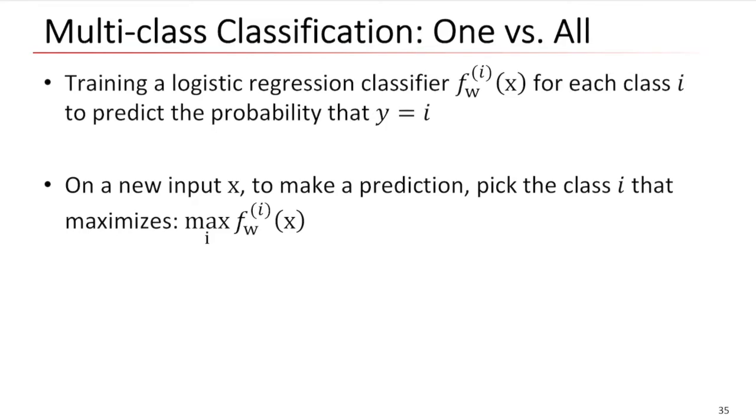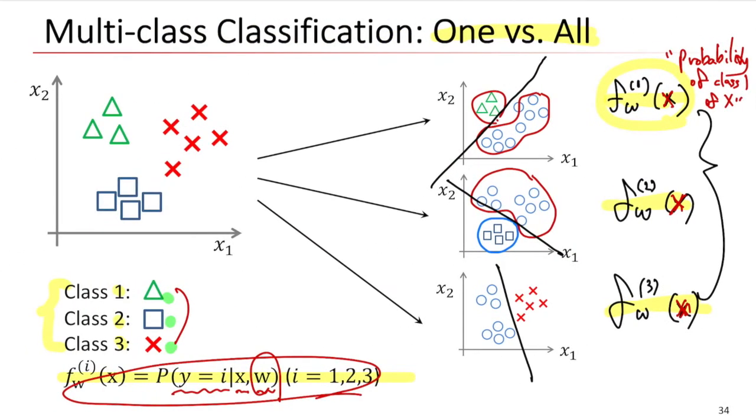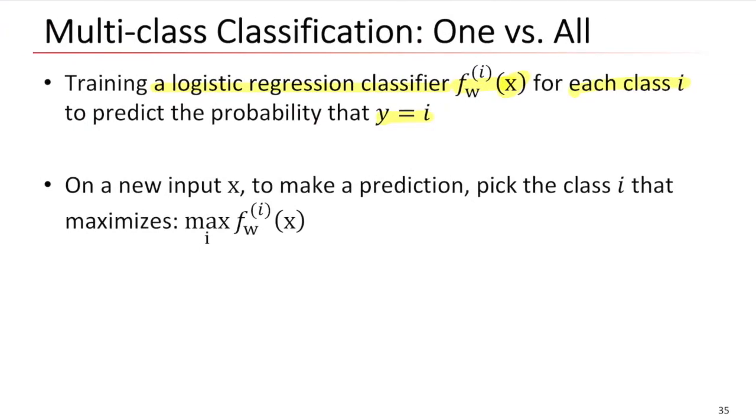Okay, so let's summarize the multi-class classification problem. First of all, train the logistic regression classifier, let's say f subscript w and superscript i of x, for each class i to predict y equals i, like this.